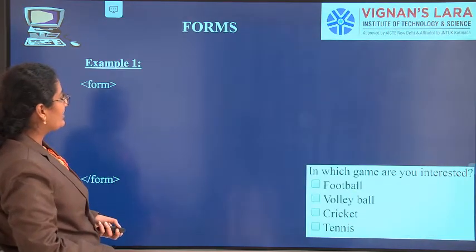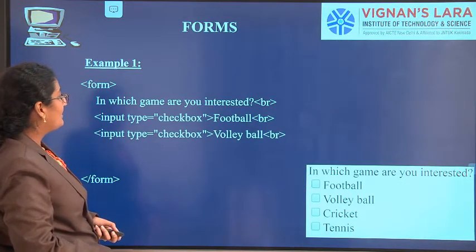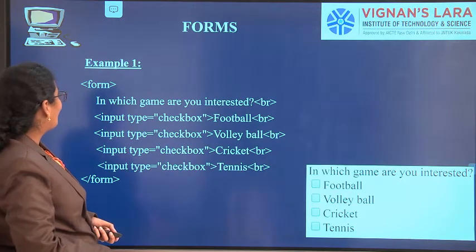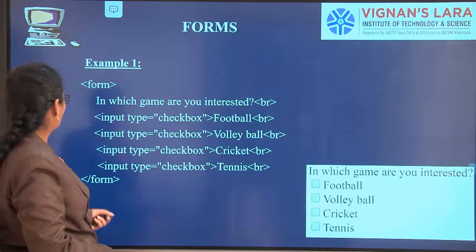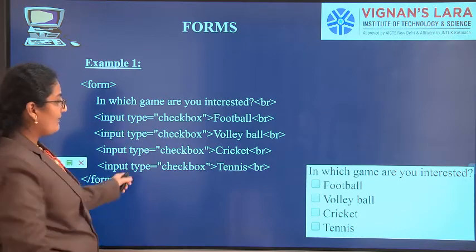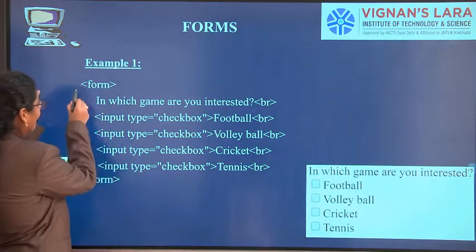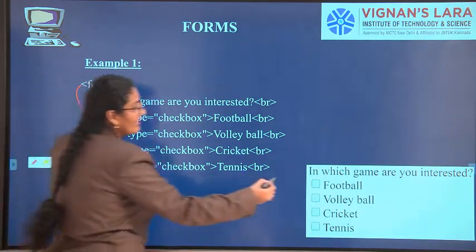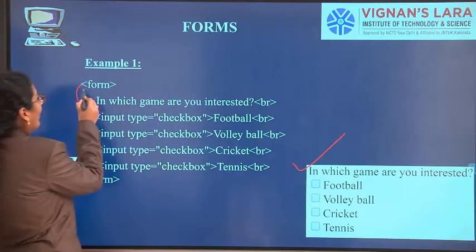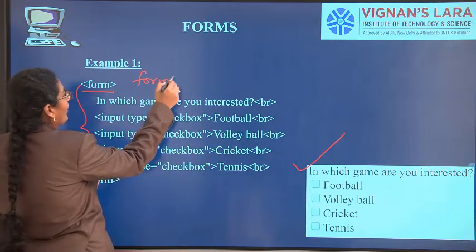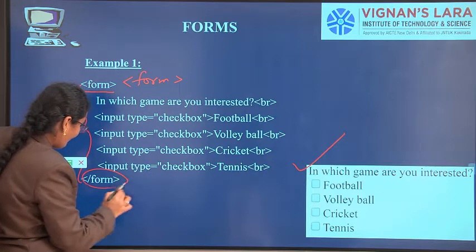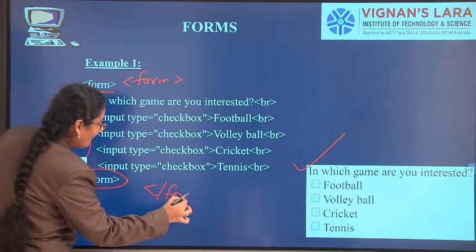So see here, we are seeing the example for checkbox. If you write the program like this, you will get output like this. So form, we have opened the form. We have closed the form.